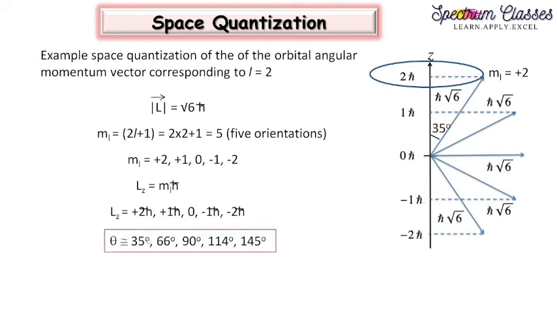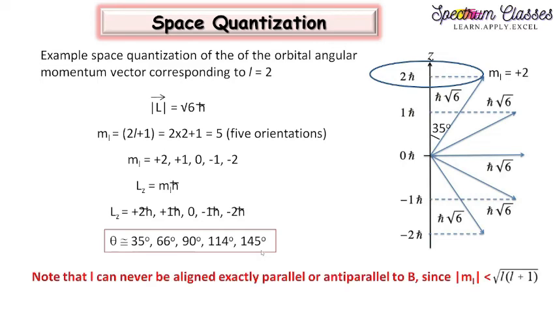So theta for each of the component vectors is 35 degrees, 65 degrees, 90 degrees, 114 degrees, 145 degrees. The important point is that it cannot have 0 and 180 degrees, means the orbital angular momentum cannot be aligned exactly parallel or anti-parallel to B, because this ml is always less than under root L into L plus 1.